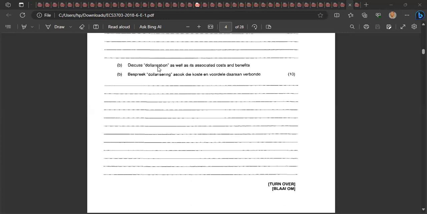It was stronger than the rand not so long ago. So the kwacha was doing so badly, and then they ended up introducing the dollar. But the dollar was running concurrently with the kwacha. So we wouldn't exactly call that dollarization, because in dollarization the currency is completely replaced.